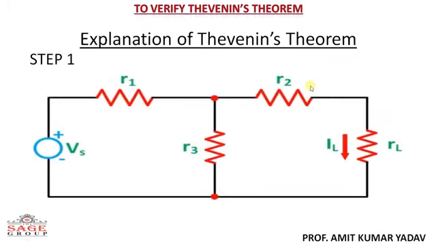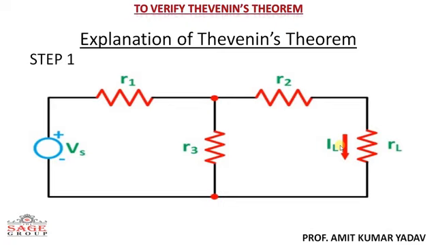Okay, now suppose we have a network. In this network we have a single source and there are so many loads R1, R2, R3 and RL. Now in this network, suppose you have to calculate the current of this particular load RL. Suppose its current here is IL.